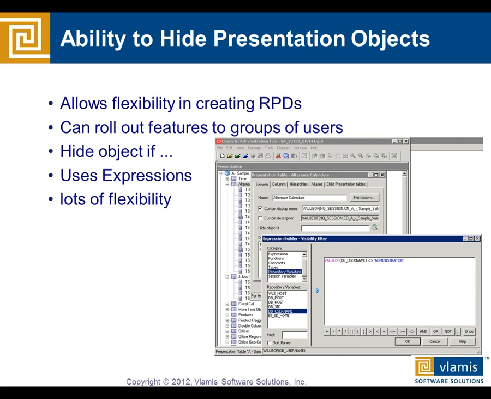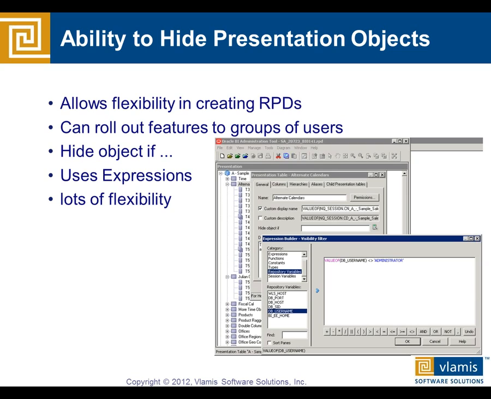It allows a lot more flexibility when creating RPDs. You can put things out there that are maybe only there for testing while your development group is still working on it, yet some users can't see the new stuff yet, so they aren't confused by it and start telling you all the things that you know are still wrong with those new objects while you're trying to work on it.